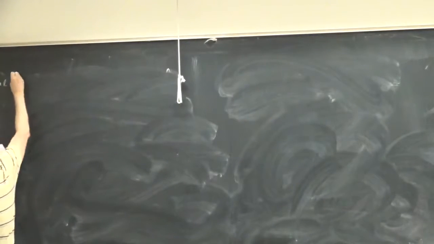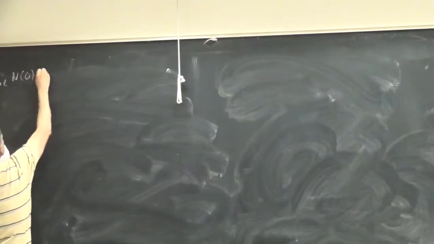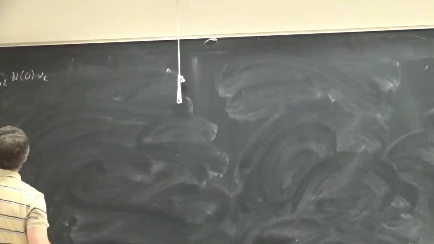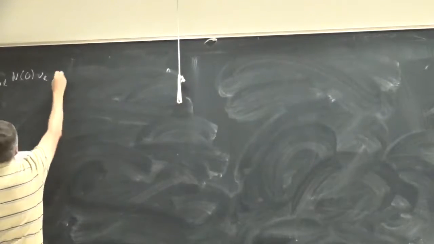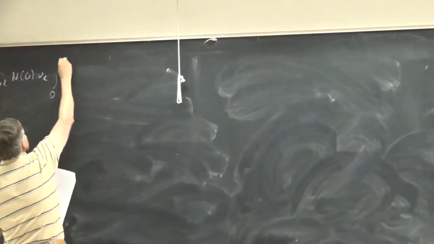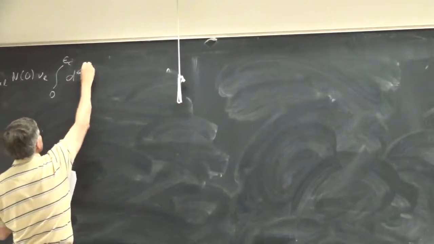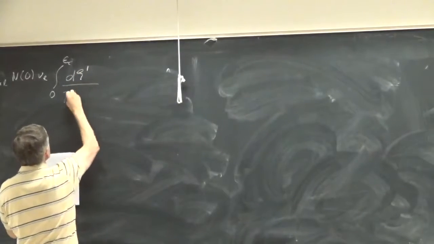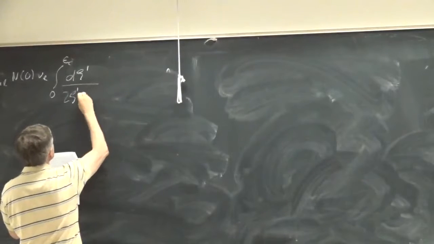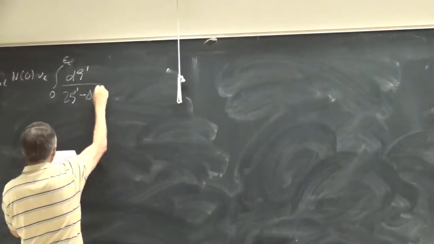And so I can insert this, and this is I_LM equals nu L times the integral between these regions, psi prime over psi prime divided by 2 psi prime minus delta E.